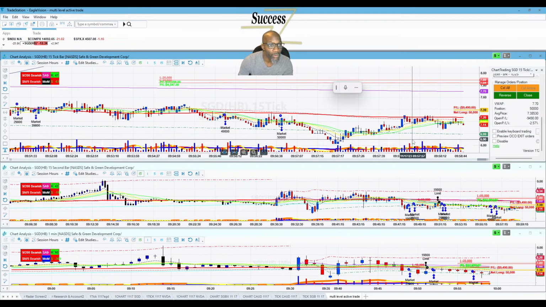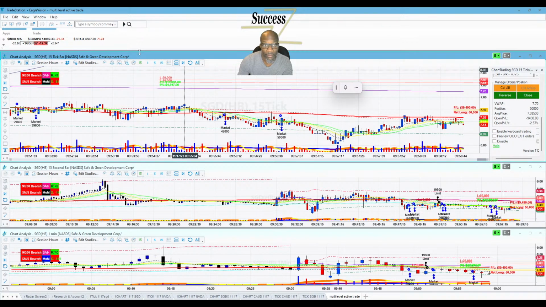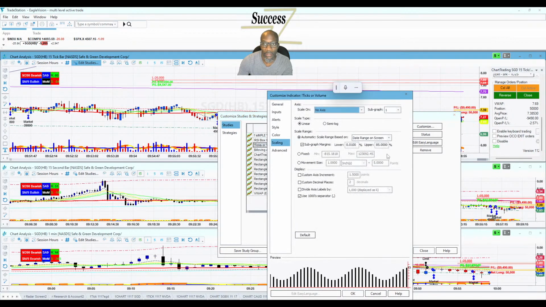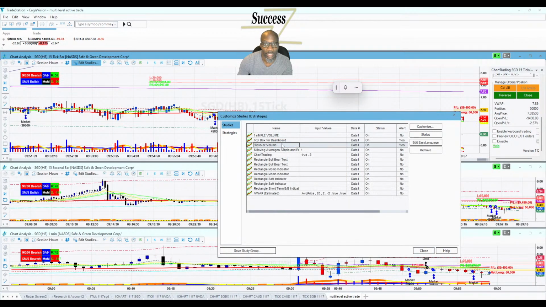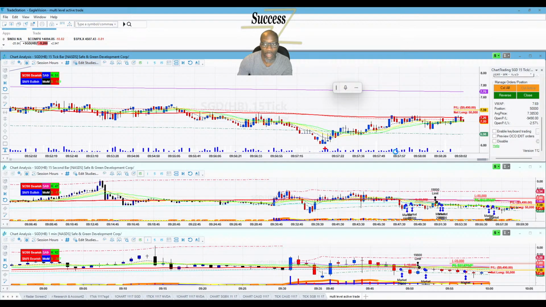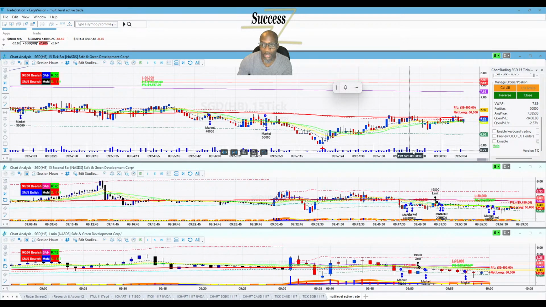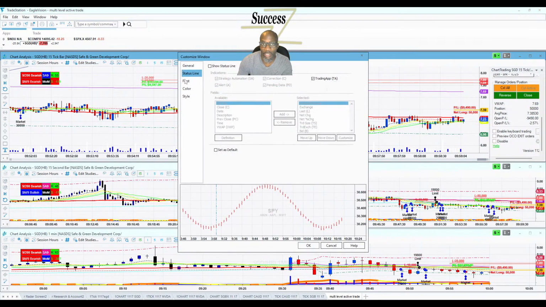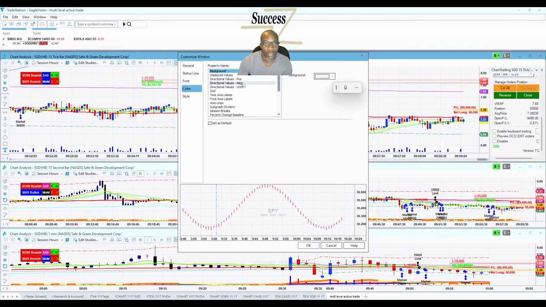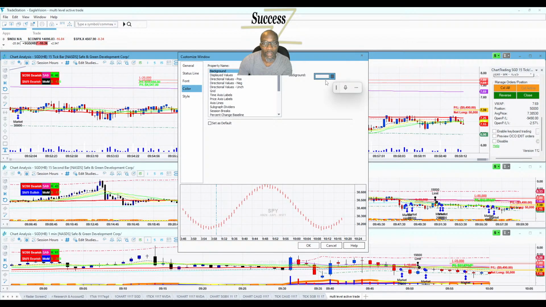Where'd you go? Ticks or volume. Graph 85%. Need to get rid of simple volume for this chart. Okay. So this is white, so this background needs to be like gray.